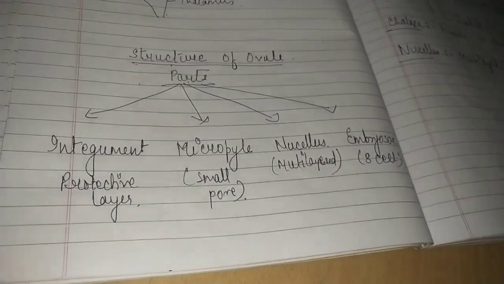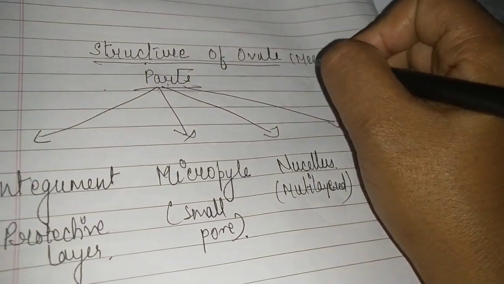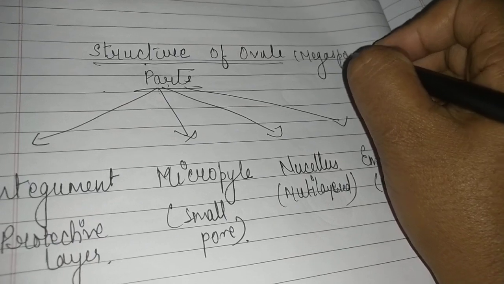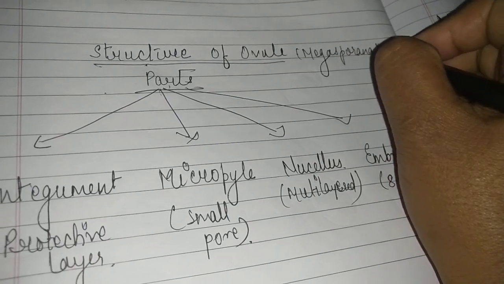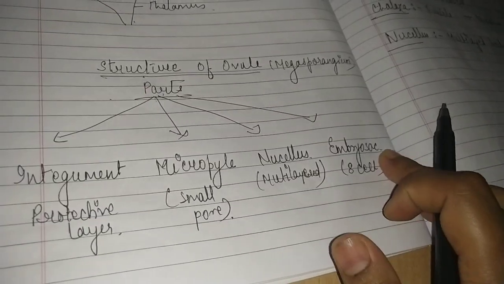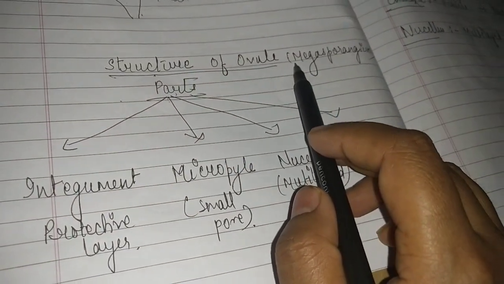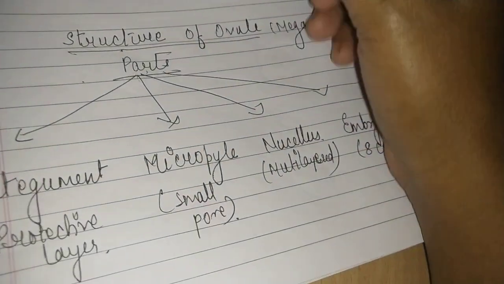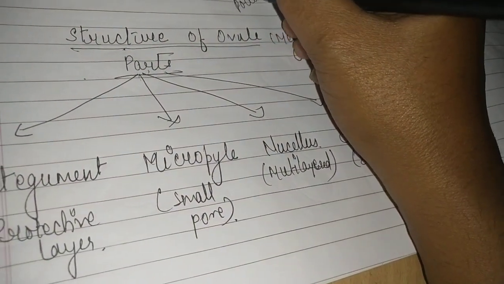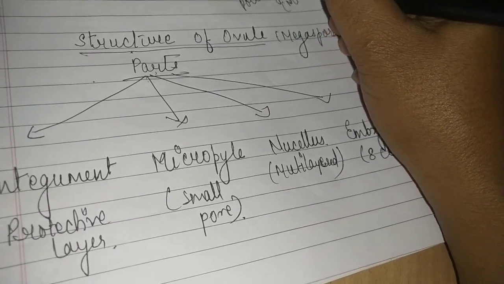So without wasting any further time, let's go to the structure of the ovule. Here you can see the structure of the ovule, or you can say that it is a megasporangium. In competitive exams and many other exams, you will not get the word ovule; you will get megasporangium, and in the same way the pollen grain, as we know, is known as the microsporangium.